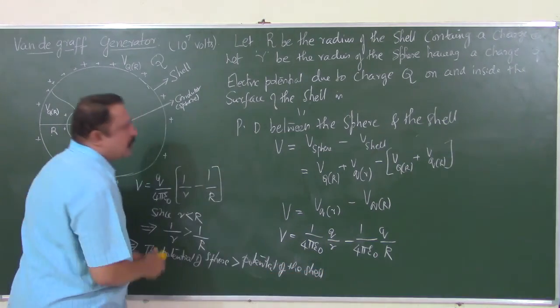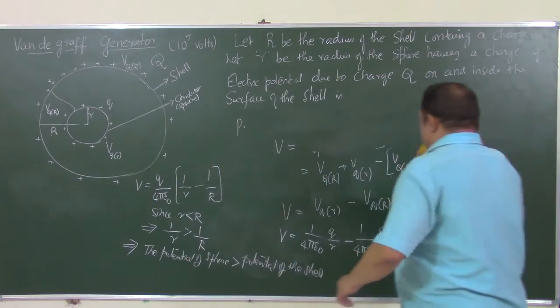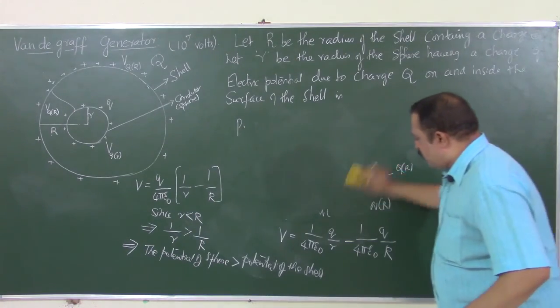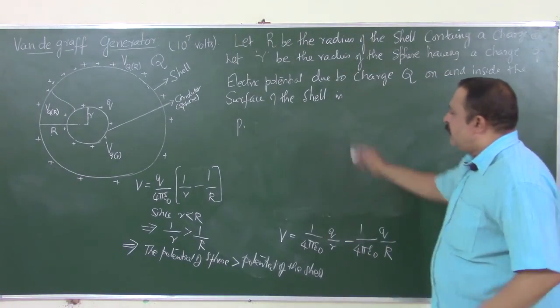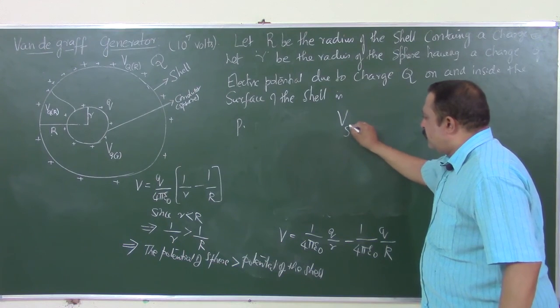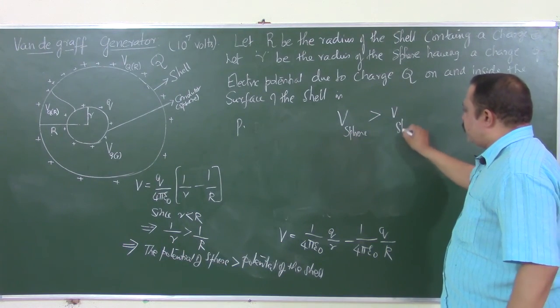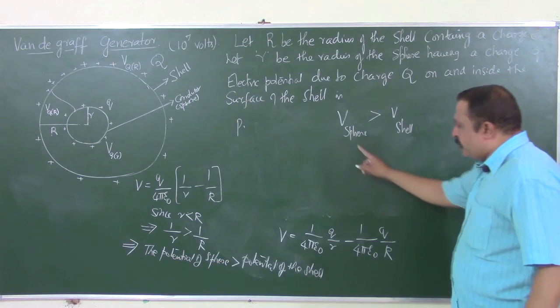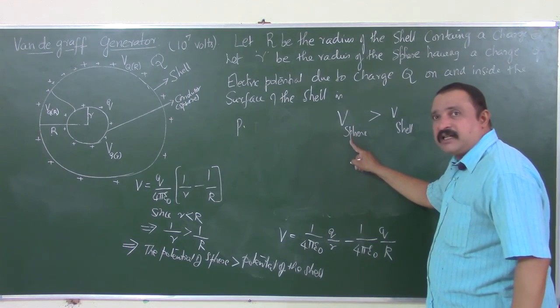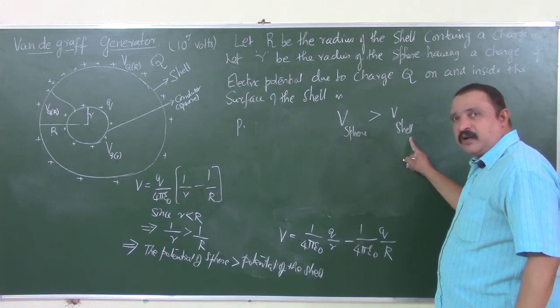So, what have we proved now? We have just proved that V of sphere, that is the potential of the sphere, is greater than V of shell, which means the sphere is at higher potential and the shell is at lower potential.